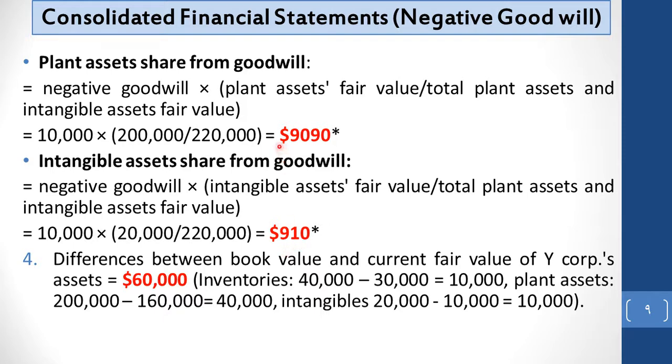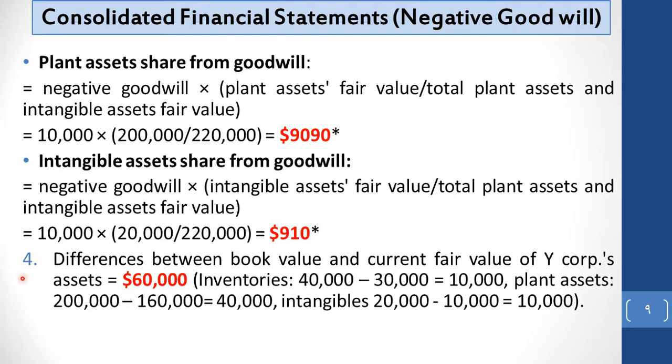So the share of plant assets from the negative goodwill is 9,090. The share of intangible assets from the negative goodwill is 910. This means that when we make the journal entry, the elimination entry, we're going to subtract these amounts from the plant assets fair value and the intangible assets fair value, like we are going to see.